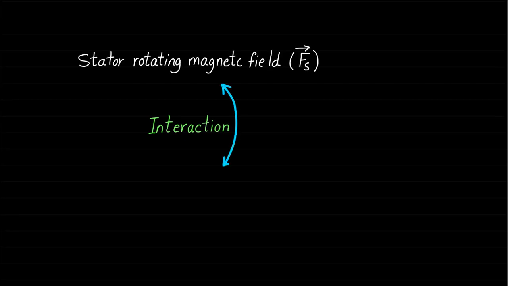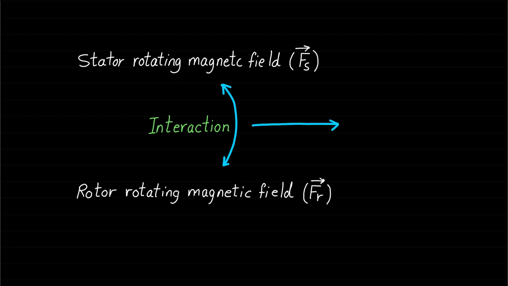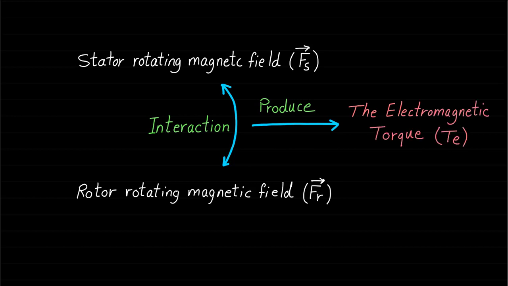It is very important to know that the interaction between the stator rotating magnetic field Fs and the rotor rotating magnetic field Fr will produce the electromagnetic torque Te of the synchronous machine. In other words, the electromagnetic torque Te of the synchronous machine is produced because the rotor and the stator rotating magnetic fields are trying to align themselves with each other.